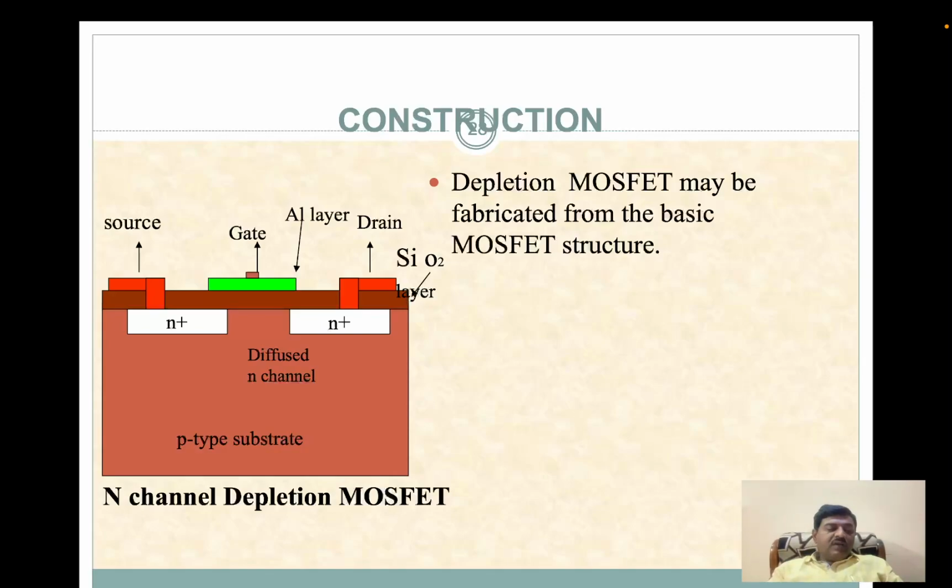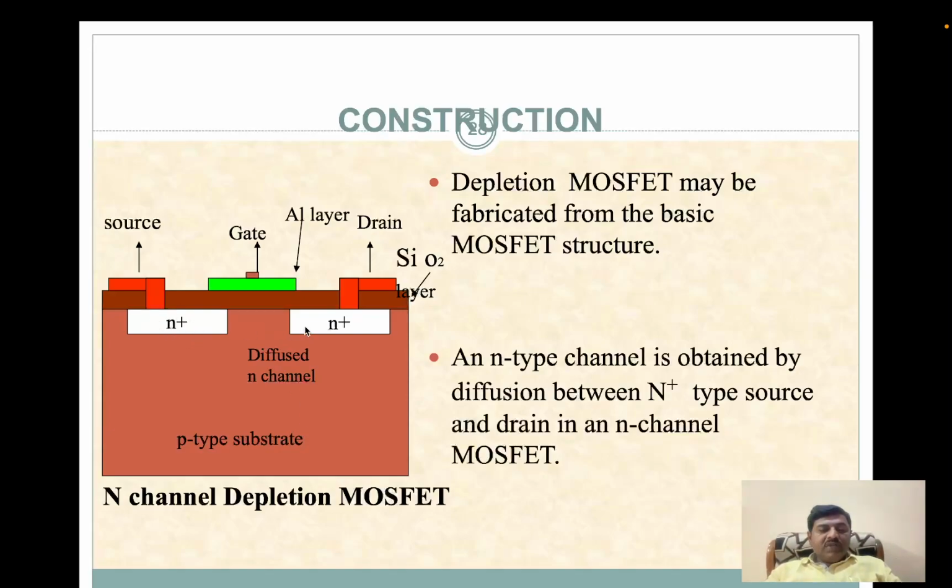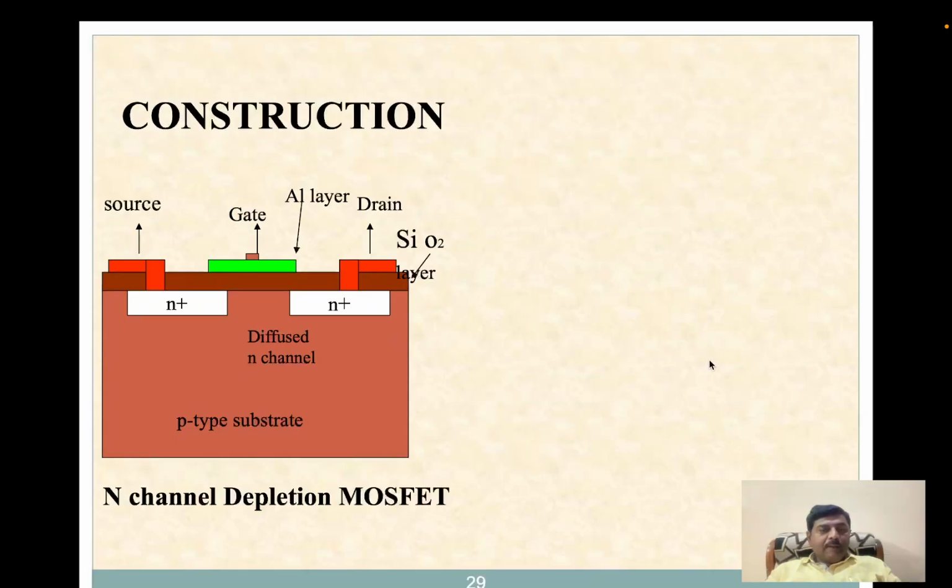Here you are going to have a P type of substrate. Here you have taken an N type substrate. Here you are going to take a P type substrate where N type of material is being diffused onto the P type substrate. So an N type of channel is obtained by diffusion between N type source and the drain in an N channel MOSFET.